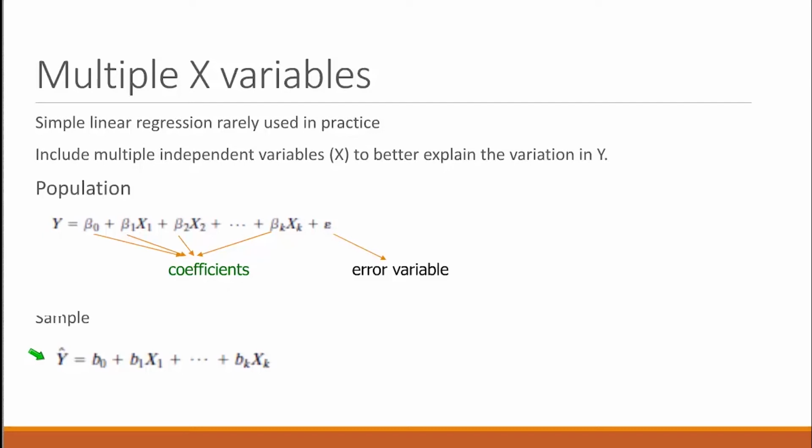Then, with that estimation, we can come up with this sample line, which is y hat, the estimate of y, equal to b0, which is an estimate of beta 0 using the data, plus b1, an estimate for beta 1 using the data, times x1, plus similar terms until the last x variable.